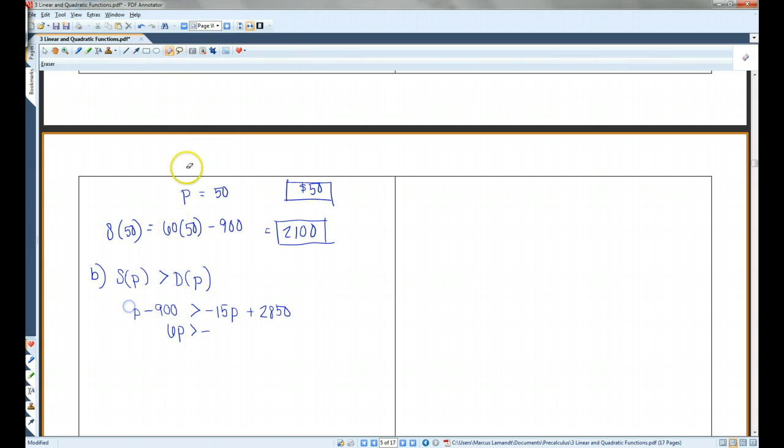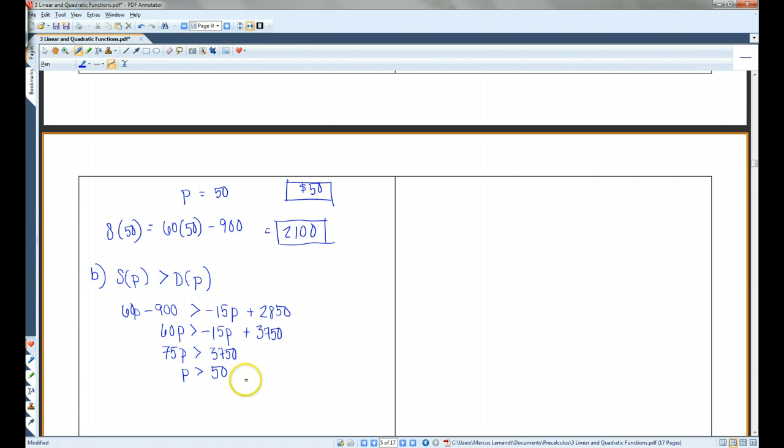This should be a 60. Add 15p to both sides. Divide by 75. So p greater than 50.